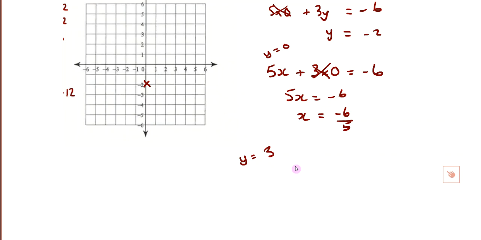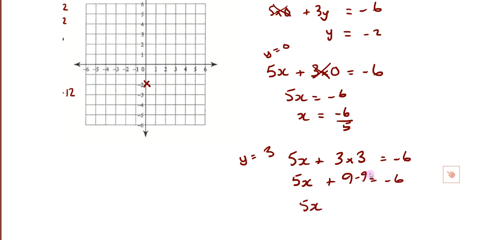So let's just check. We've got 5x plus 3 times 3 this time has to equal -6. So that's 5x plus 9 is -6. So how do I solve this? You all know how to do this. We minus 9 and we get 5x equals -15.